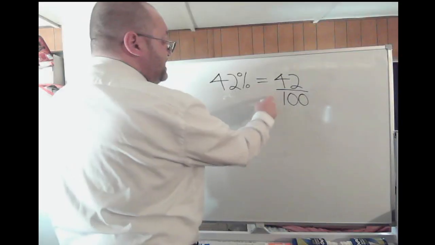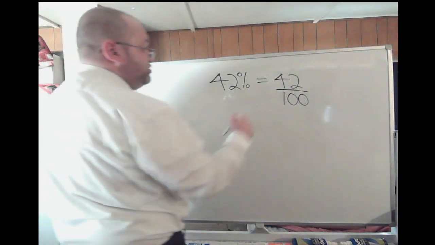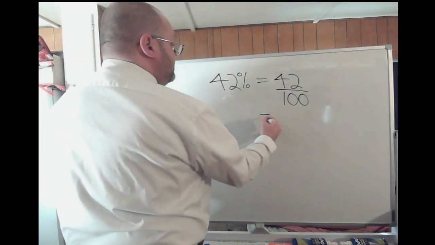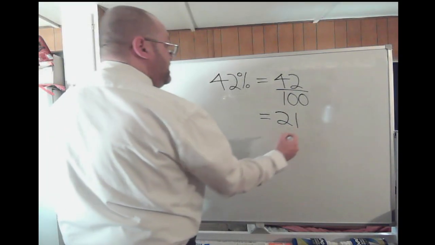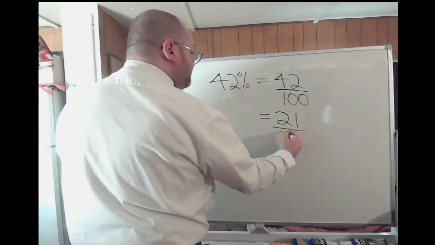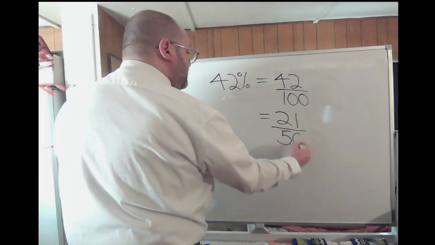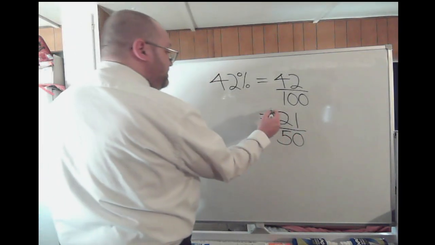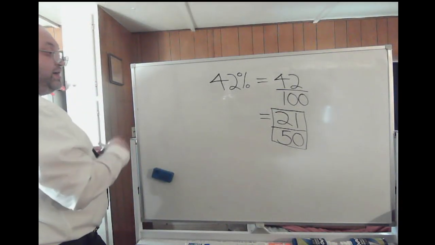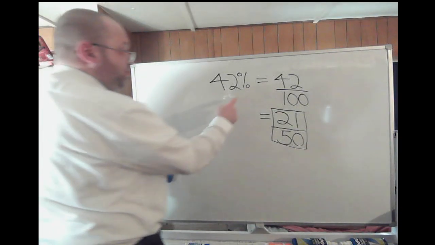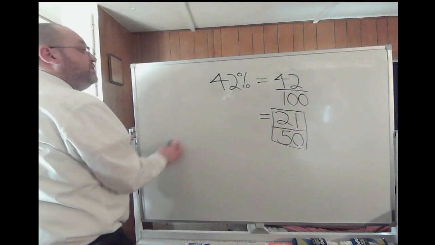There's clearly a factor of 2 that'll factor between the 42 and 100. If you divide 42 by 2, you get 21. If you divide 100 by 2, you get 50. And between 21 and 50, we have no common factors that'll factor out. So your answer for a fraction in simplest form for 42% is 21/50ths.